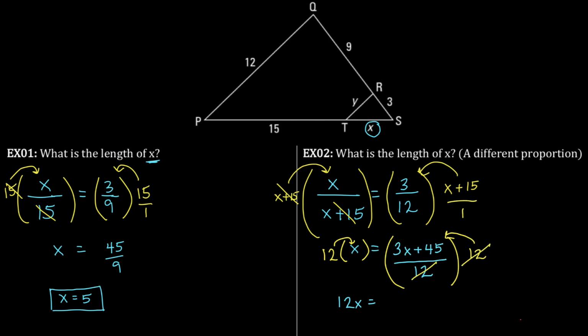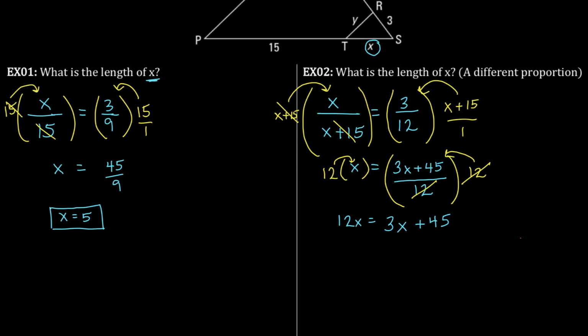So we end up with 12x equals 3x plus 45. Now I will subtract 3x from both sides, and I get 9x equals 45. Divide by 9, and I get x equals 45 over 9, which is 5.